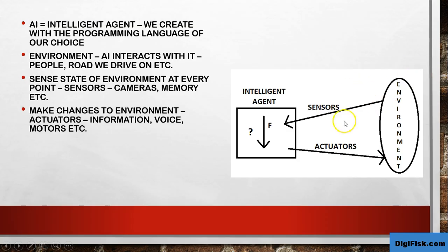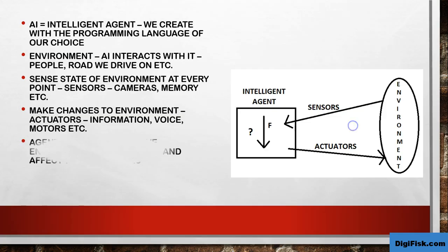Okay, so actuators could be information the AI feeds to the environment, or in case of a game, the next move it makes on the game is also called an actuator. So whatever change it makes to the environment, it will be doing it with an actuator. So if we are using a robot that has physical features, if our intelligent agent is actually a robot, in that case the actuator becomes physical things like voice, its motors, its arms, legs, and so on and so forth.